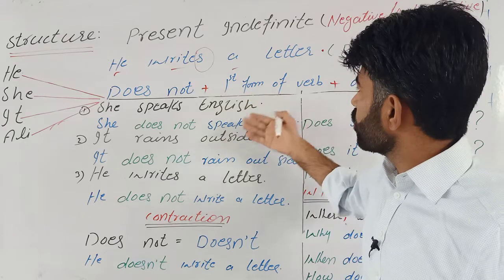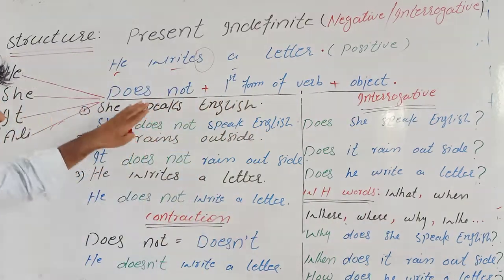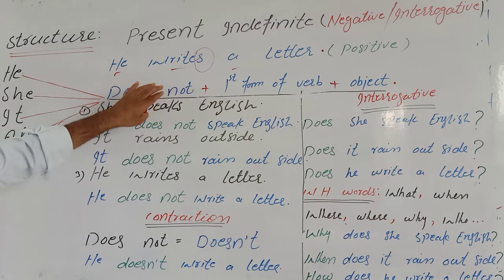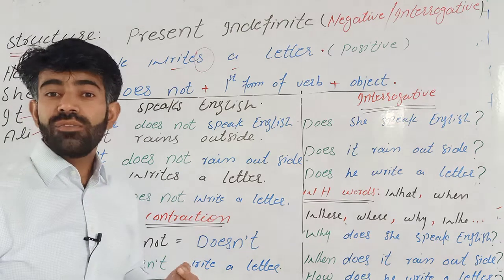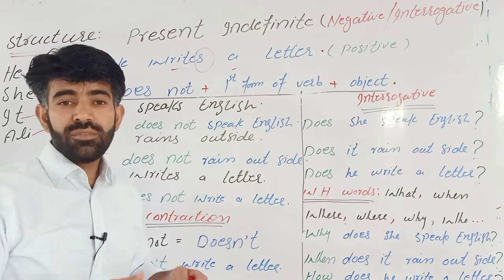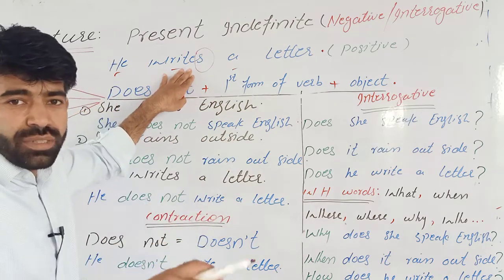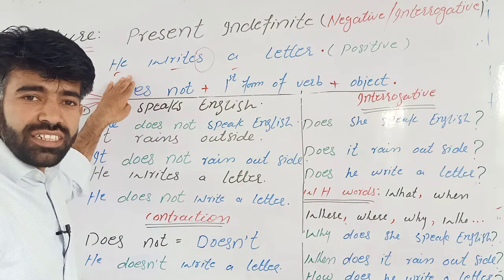So today we are going to talk about how to make negative sentences of present indefinite tense. For example, he writes a letter, and if you want to say that someone did not write a letter, that the job we are talking about, like writing, has not been done by him, how are we going to say that in present indefinite tense?